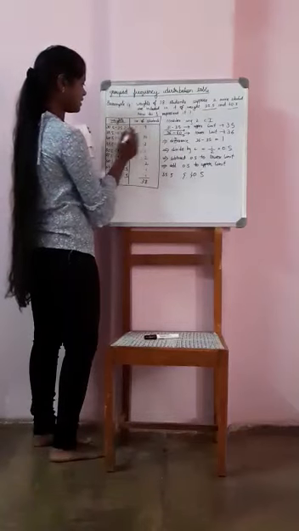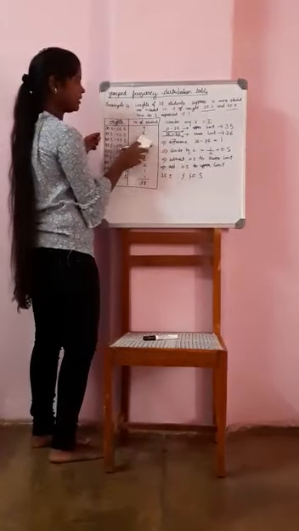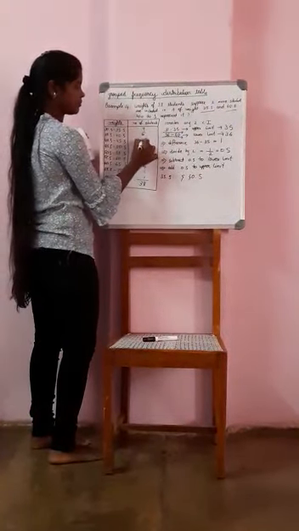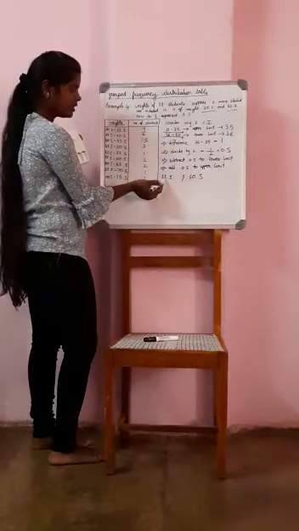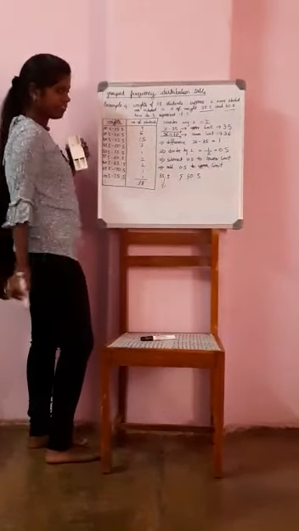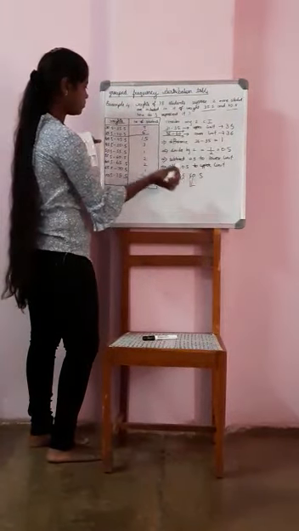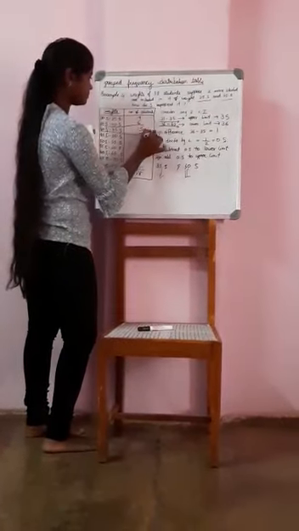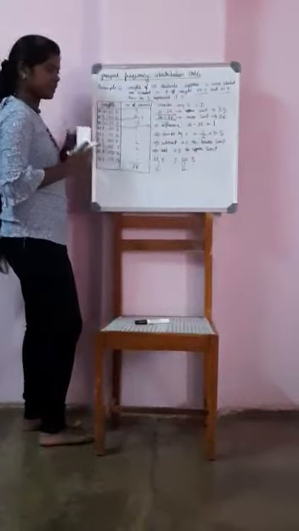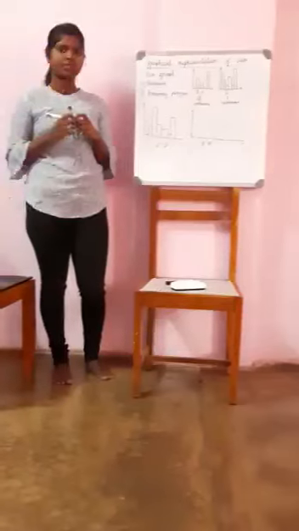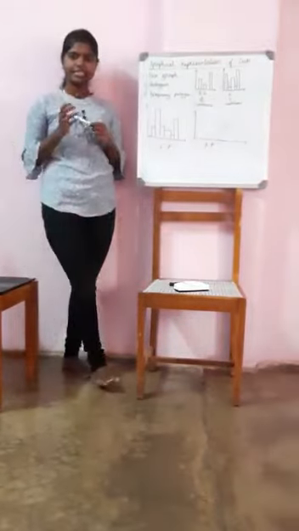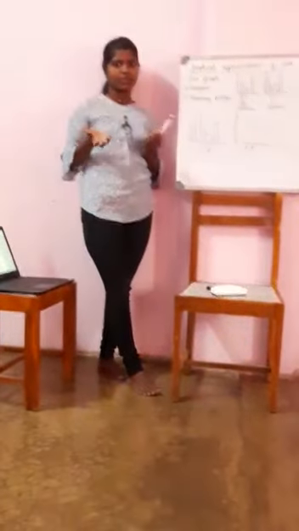Here I am going to make it 6, here I am going to make it 15. And include 35.5 in this and 40.5 here. So now we saw how to represent the data in the form of a tabular column.